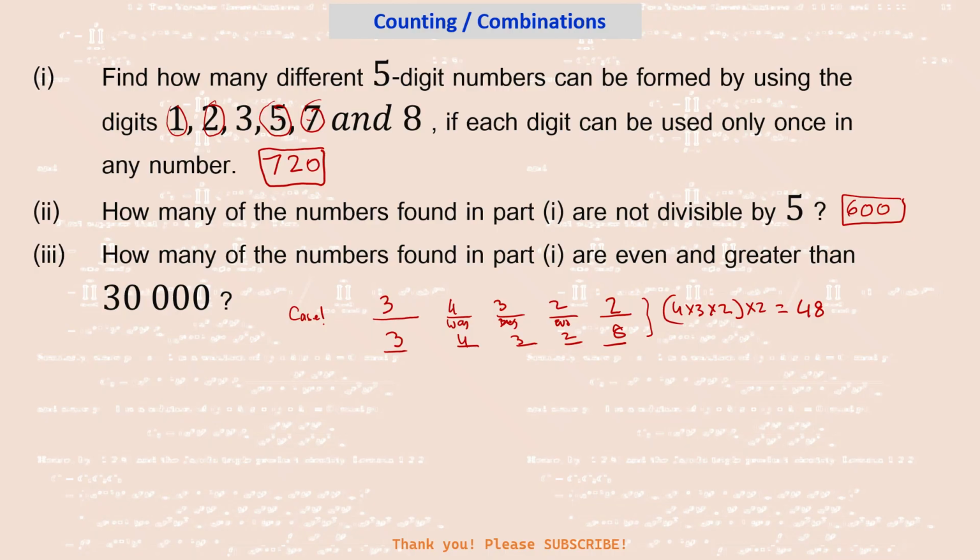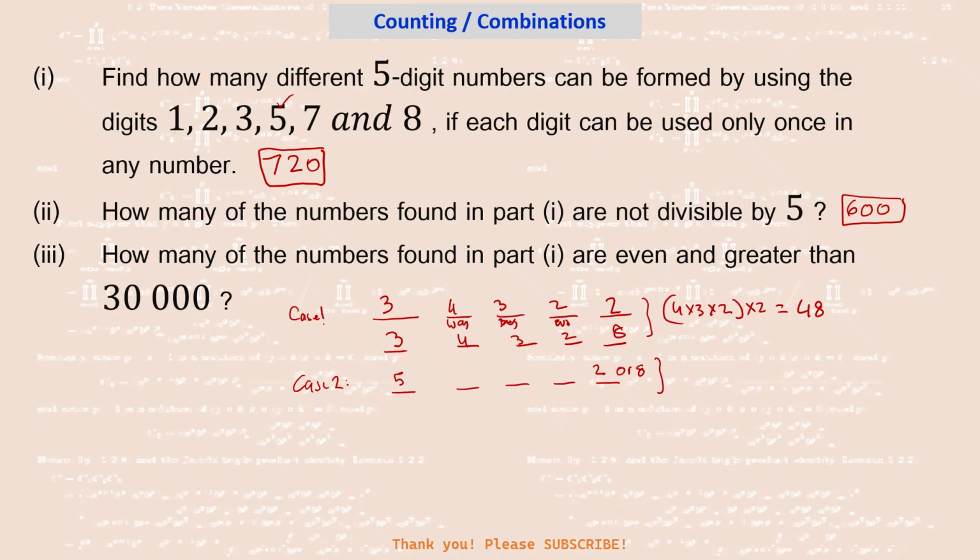And then if we do the next case, we have done 3, it starts with a 5. So if it were to start with a 5, and once again it could end in a 2 or 8, so we'd have the same number of possibilities.